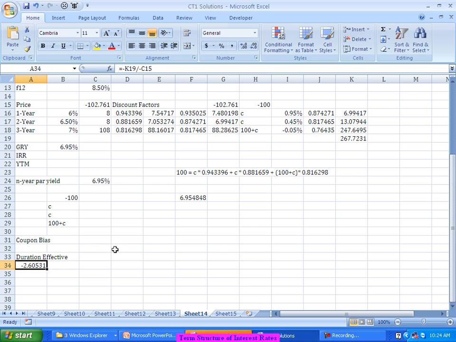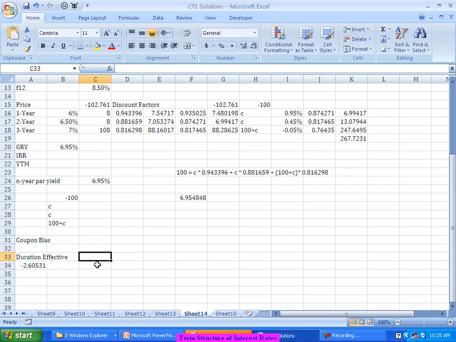So if I am predicting that the interest rates are going to increase by 1% in the next 6 months, I can think that the price of this kind of bond will fall by around 2.6%.